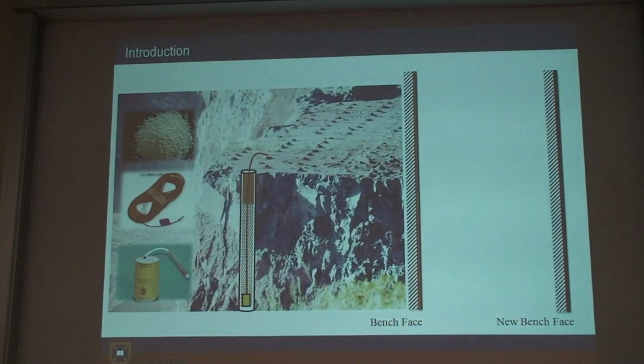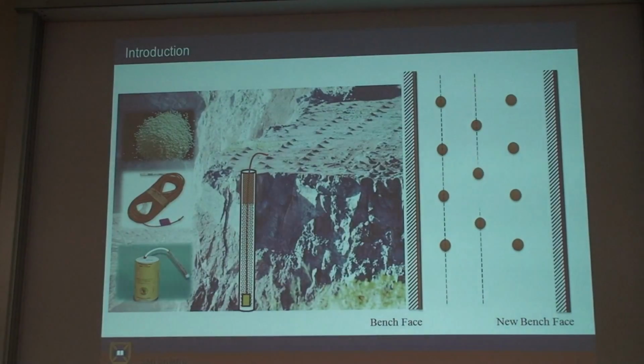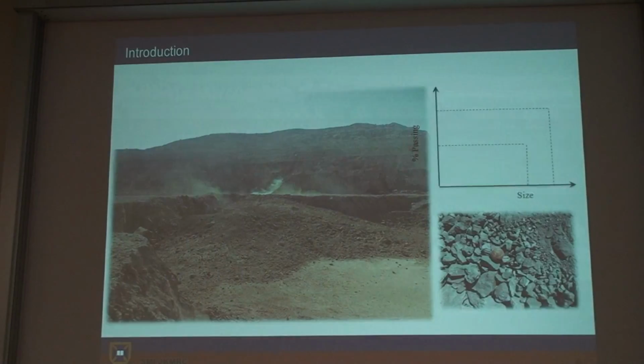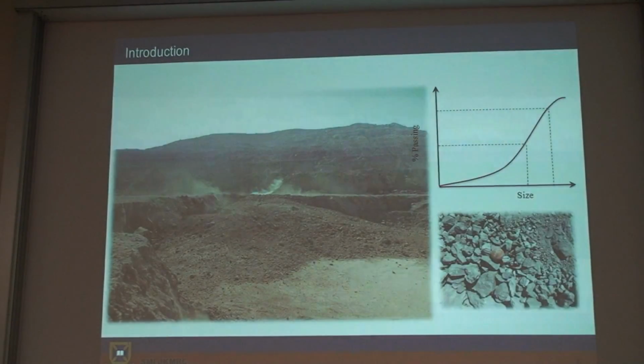If here we have, for example, the top view of the pattern in 3 rows, and then we blast it, for example, in a row by row sequence, and then we have a muckpile, which contains a wide range of particles, which may vary from sub-millimeter to over a meter.